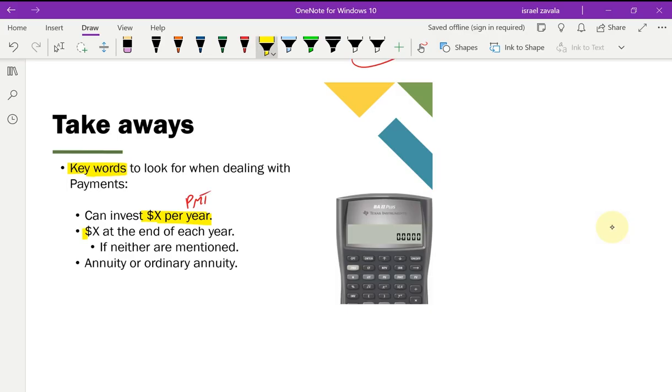So X dollars at the end of each year. So very similar. If neither of these are mentioned, meaning if it just says your payment is going to be X, then it's just an annuity or an ordinary annuity, which is just your payment. Okay, again, don't worry so much about that. As we get deeper into the different types of payments, it'll start to make sense.